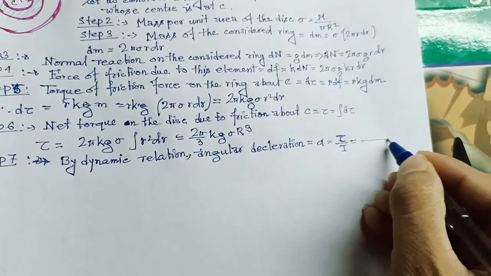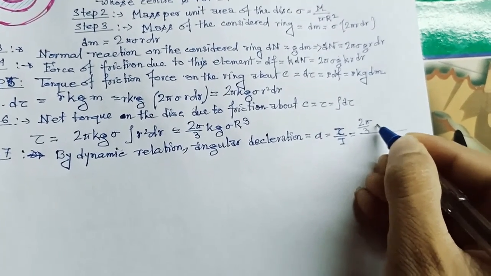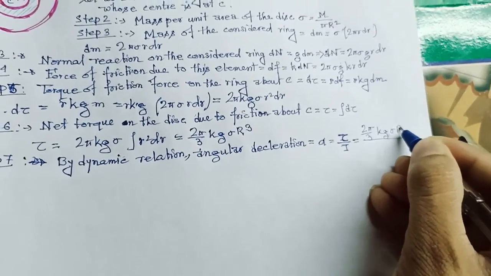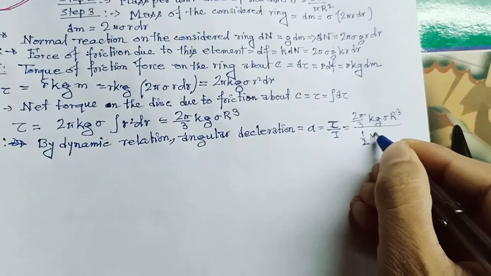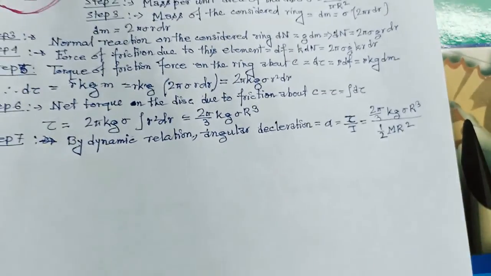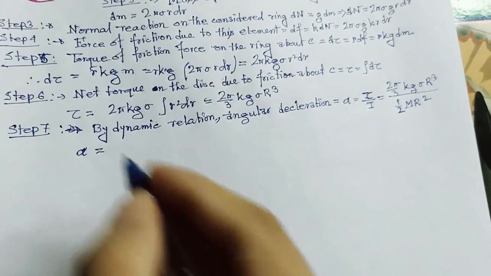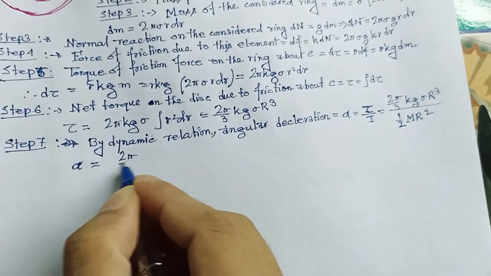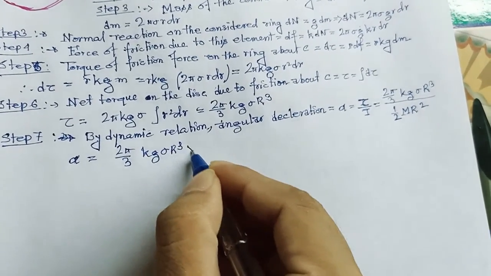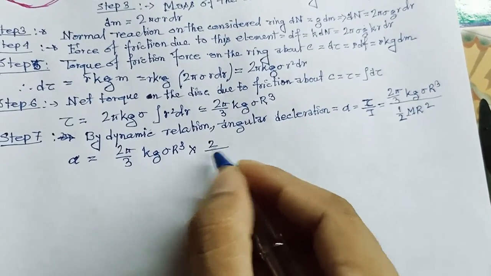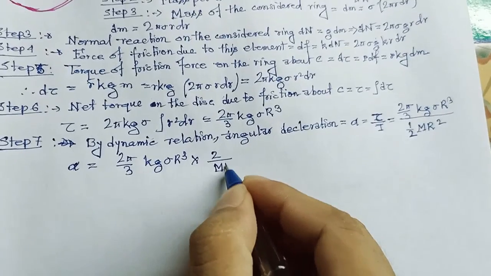So if we put the values here, 2 pi divided by 3 k g sigma r cube divided by half m r square, our angular deceleration will be alpha equal to 2 pi divided by 3 k g sigma r cube multiplied by 2 divided by m r square.